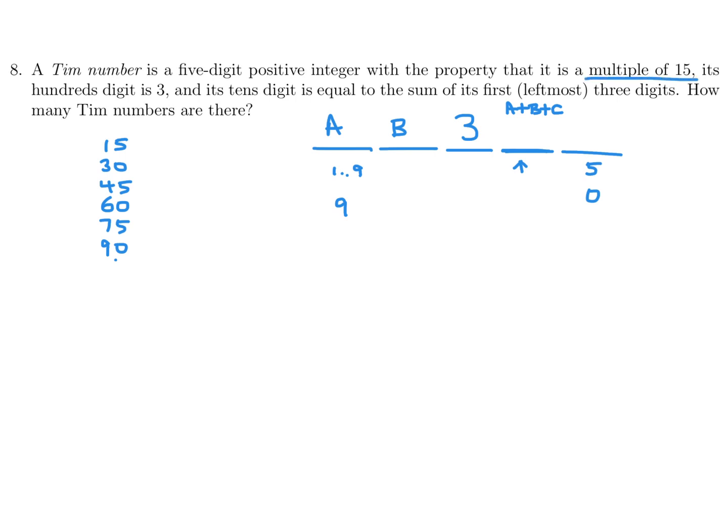For B, I can put everything from 0 to 9, so that's 10 choices. This third number is just going to be 3, so there's only one choice here. A plus B plus 3. Let me think about that for a second. How many choices would there be for that?